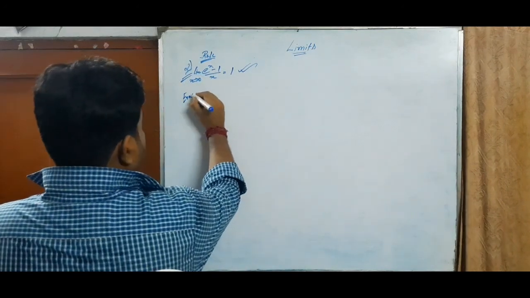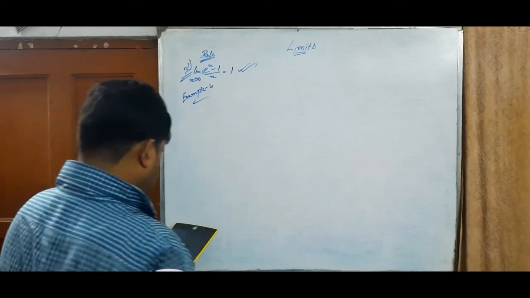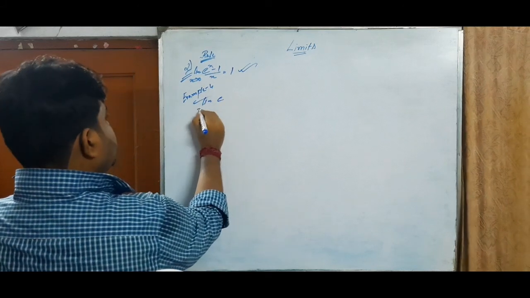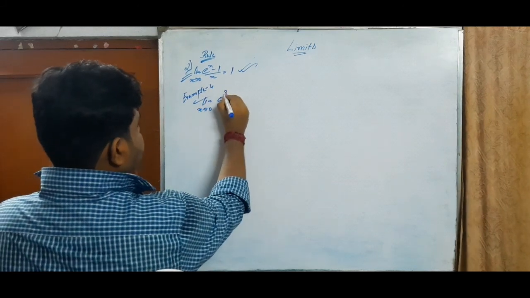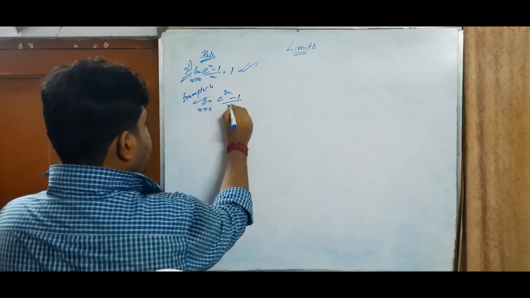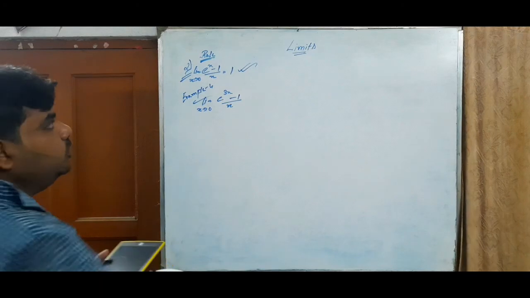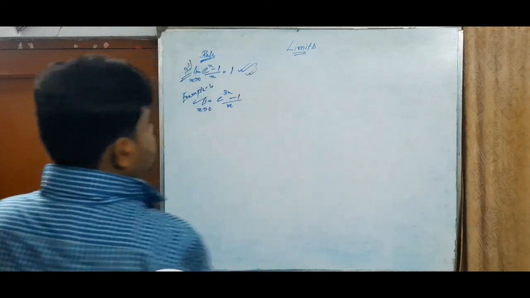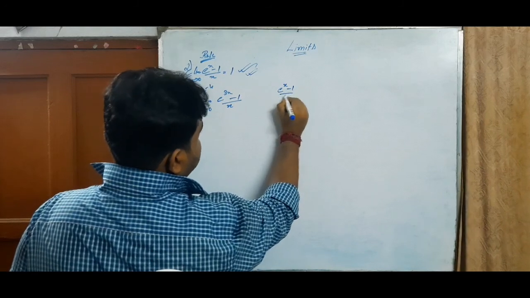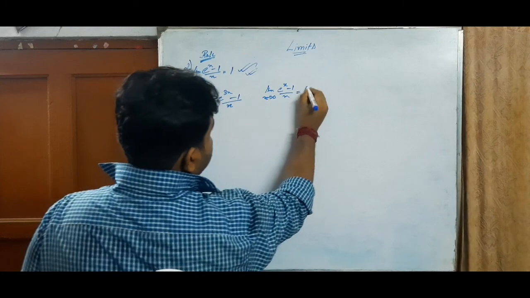Example 4: limit x tends to 0, (e to the power 3x minus 1) by x. Okay, so just see, we have to get this form, that is, limit x tends to 0, (e to the power x minus 1) by x equals 1.